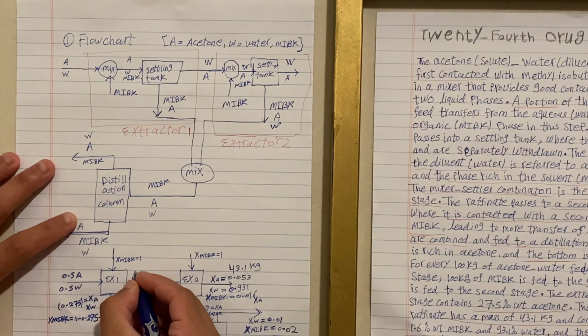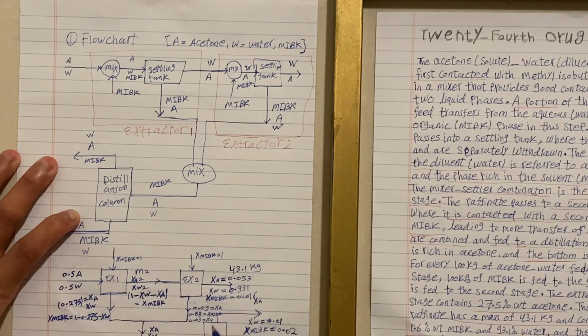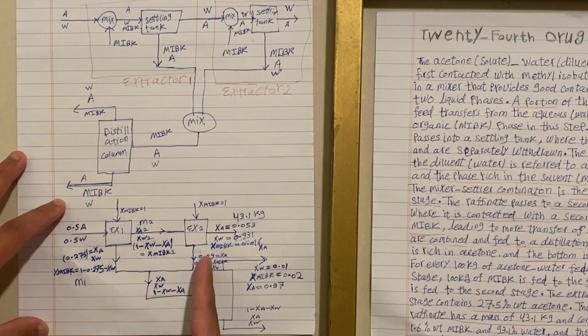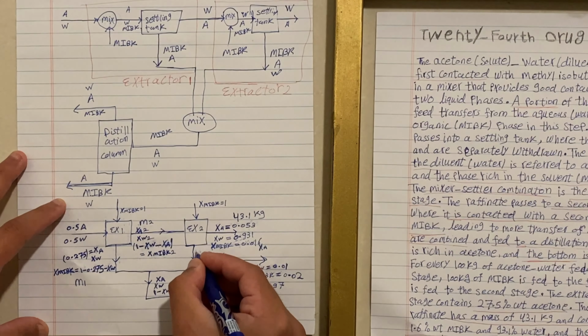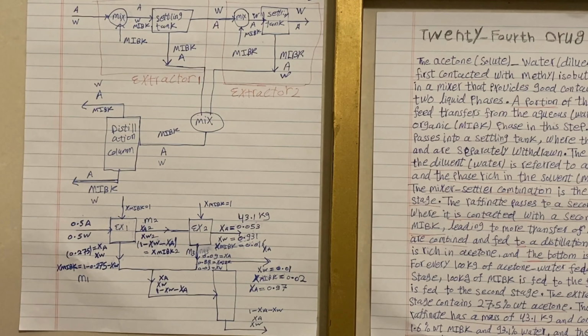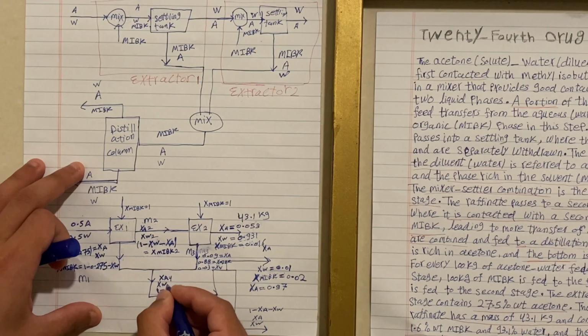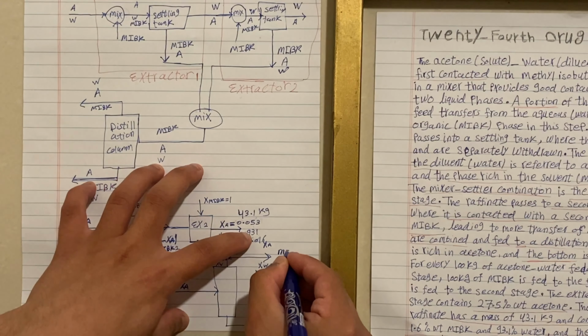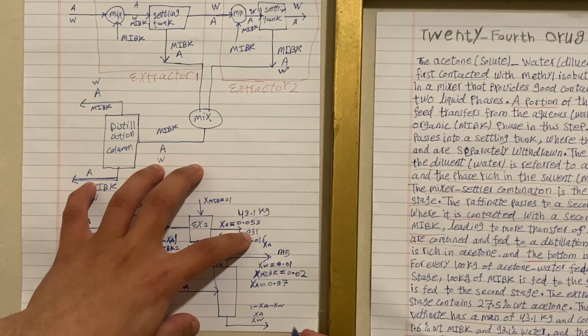This will be M2, XA2, XW2, and XMIBK2, which is 1 minus XW minus XA. This one we don't have the stream of it, M1. This one we have the composition, but we don't have the flow, we will call it M3. After the mixing, we have XA4, XW4, and here it will be M4. The composition here, M5, and the bottom stream will be M6.